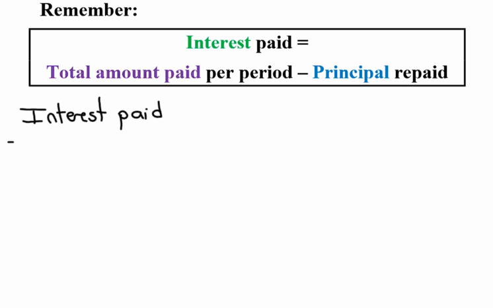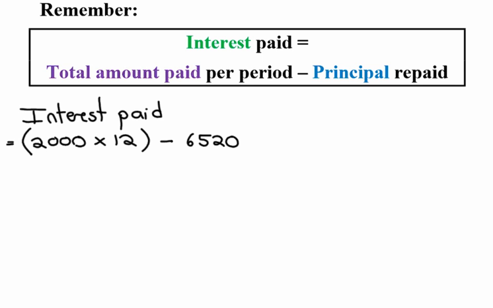I know that I have paid 2,000 Rand 12 times. So that's 2,000 Rand per month for 12 months. But then I need to take away the principal repaid, because this is my total amount. And that includes the principal and it includes the interest, but we take away the principal, so we're just left with the interest.